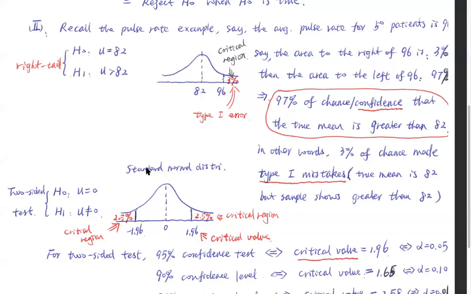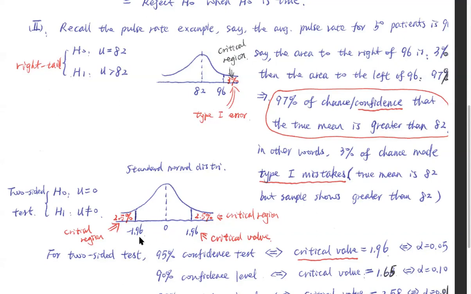For example, if we talk about a 95% confidence interval, that means we have the middle part of 95%, with 2.5% on each side. So the corresponding value, Z alpha divided by 2, is what? 1.96.